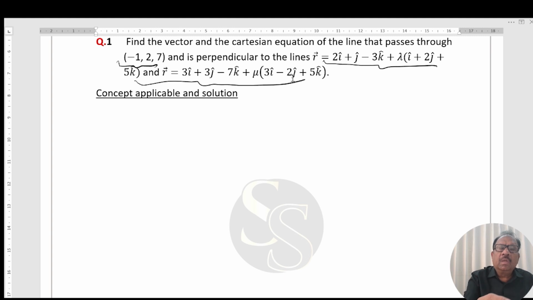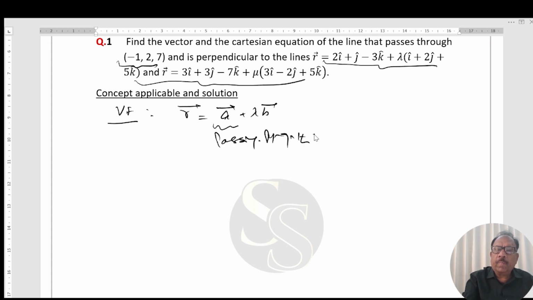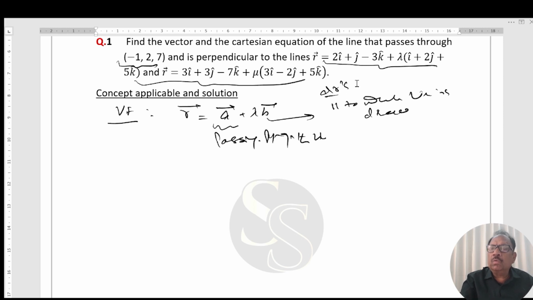You know, vector form of a line is r equal to a plus lambda b, where a is the passing point of the line, and b vector is parallel to the line drawn, or you can say, the direction ratios of the line.